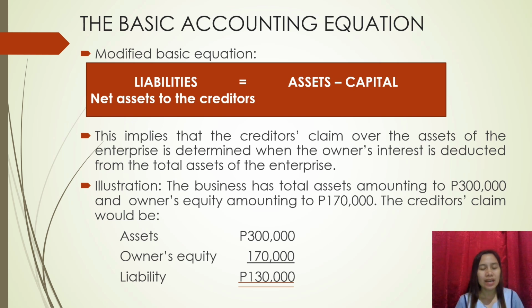So assets 300,000 less owner's equity amounting to 170,000 is equal to liability amounting to 130,000. So that 130,000 now comprises the net assets to be given to the creditors. Therefore, the assets of the enterprise are either claims of the owners or claims of the creditors or both.